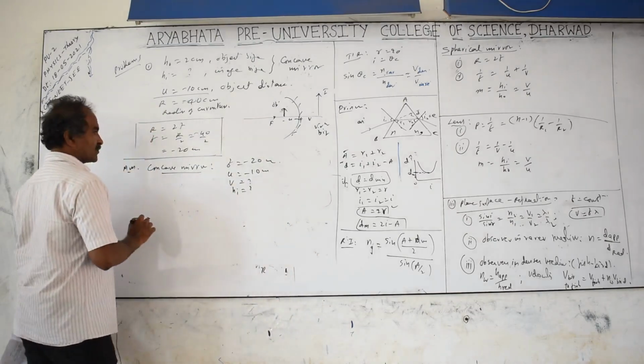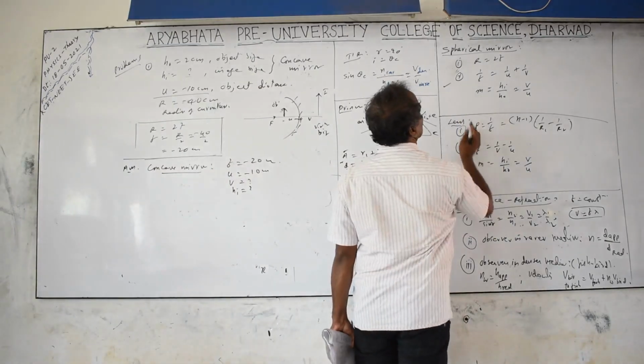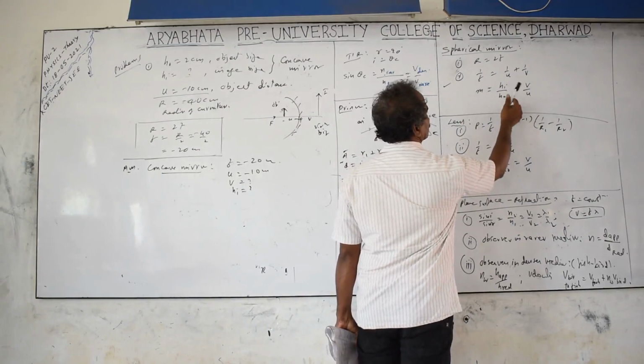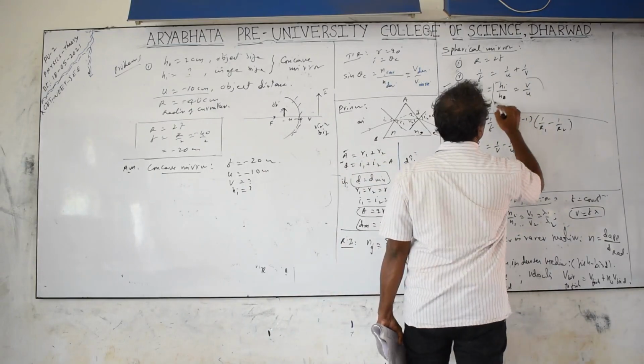What is the relation we have for these mirrors? The spherical mirror formula is this. Magnification equals HI by HO equals V by U. This relation, the right side part, is sufficient for us.